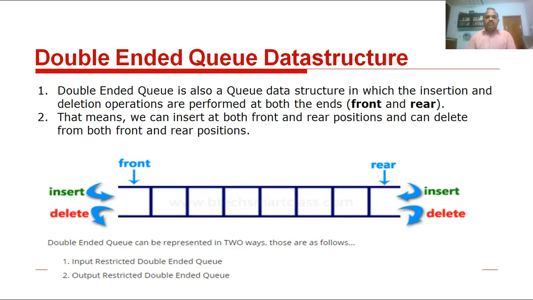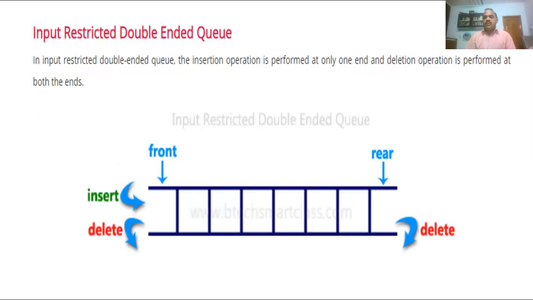Then a double-ended queue can be represented in two ways. One is the input restricted double-ended queue and the second one is the output restricted double-ended queue. So first, input restricted double-ended queue.